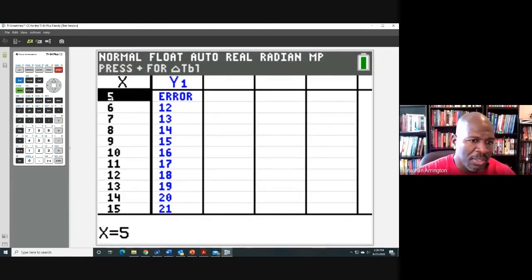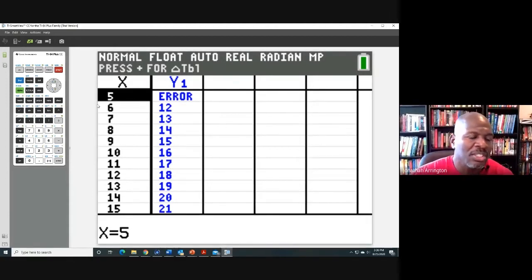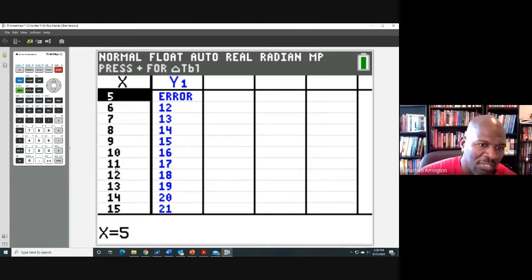So you notice these x values are differing by 1. Now you may also notice these y values are differing by 1 as well. That's just a coincidence. The delta table relates to the change in the x values, not the change in the y values. It just so happens for this particular problem, the y values are changing by 1.